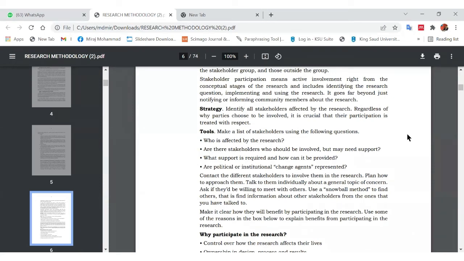What are change agents? Change agents are those actors or players who can affect the overall outcome. For example, I will tell you: Arvind Kejriwal is in Delhi, and the central government is a BJP government. Now, the lieutenant governor is from the central government, and the chief minister is from the Aam Aadmi Party.